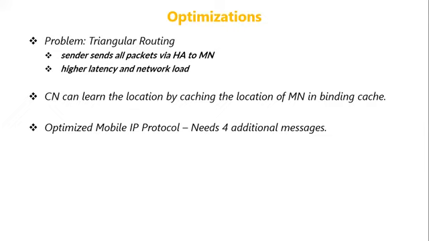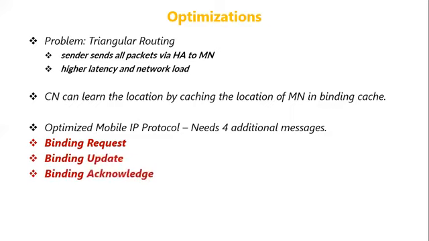Okay, so we'll be using four types of messages. What we are discussing here is optimized mobile IP. This optimized mobile IP will use four types of additional messages: binding request, binding update, binding acknowledgement, and binding warning.